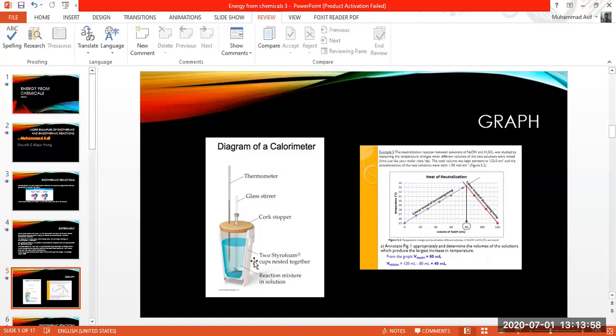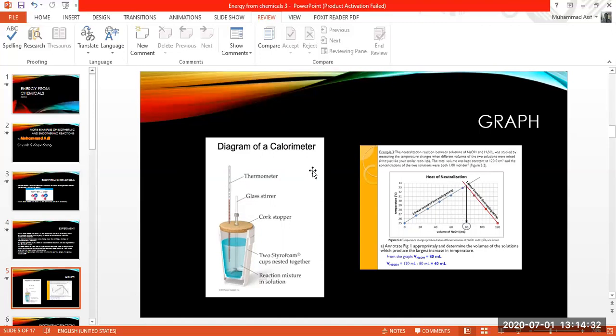Then the reaction mixture indicates the change in temperature, that is indicated by the thermometer values. We record values after each minute. First of all, as we mix both acid and base, the temperature will start increasing. We have to note down the temperature after each 1 minute or 2 minutes.